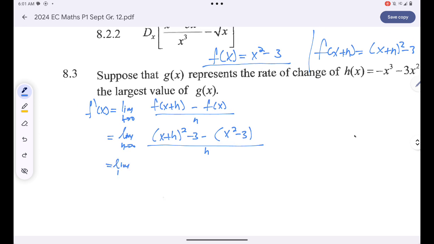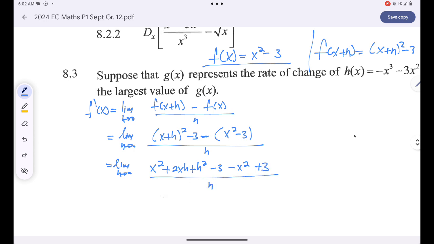Let's just remove brackets at our numerator. Whenever I multiply out these brackets, I'll end up having x squared plus 2xh plus h squared. I still have a minus 3. And then minus 1 multiplied by x squared is just negative x squared. Now, minus 1 multiplied by a negative 3 is a positive 3.